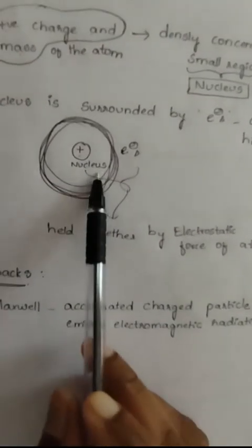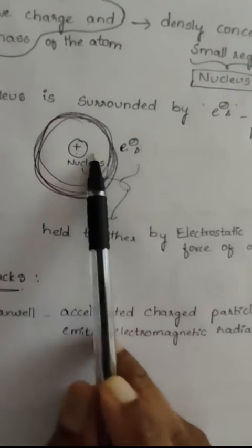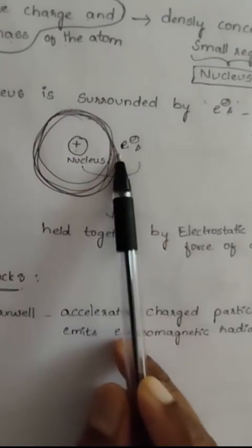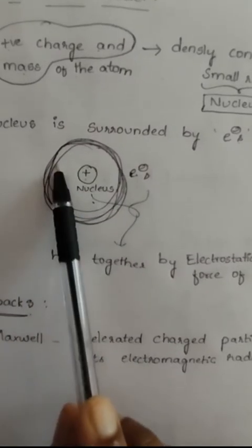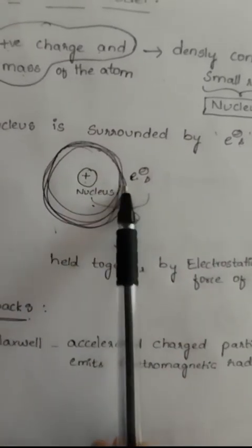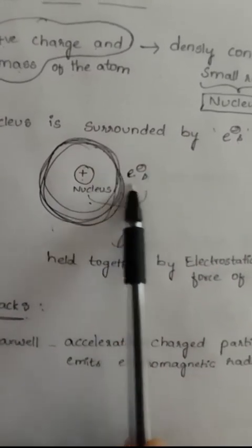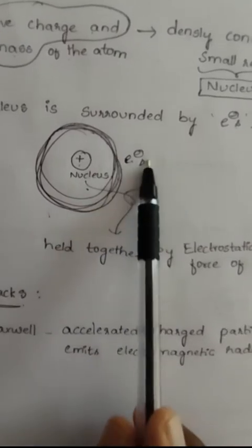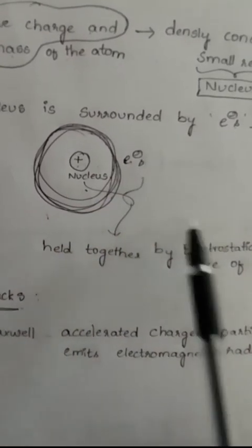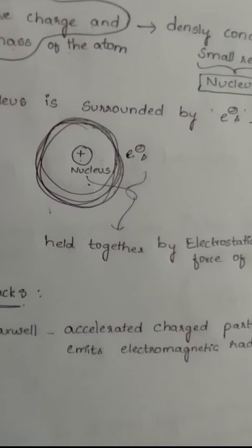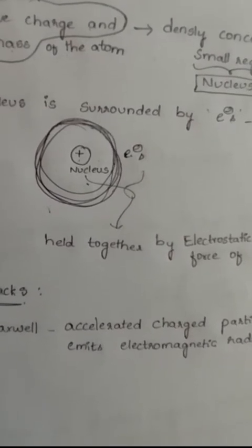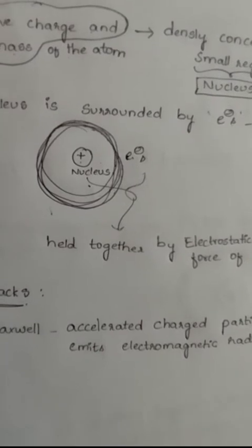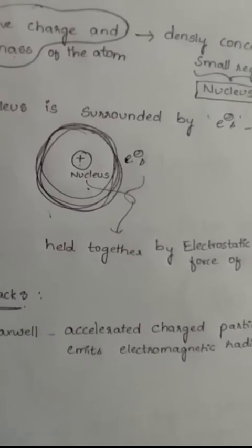Next, we can have a doubt. Can electrons be static? According to Rutherford, they are moving in a circular path. He can also say that if electrons are static, then there will be no emission of electromagnetic radiation, so the energy of the electron is not lost.